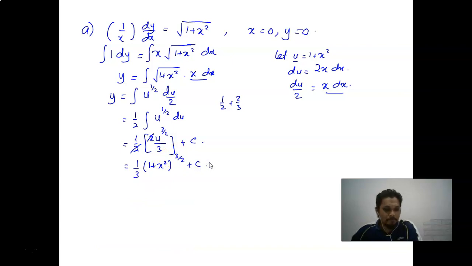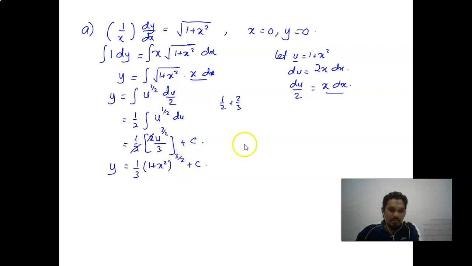Plus c. Now the substitution method part is all complete, and the integration is done: y equal to 1 over 3 times 1 plus x squared to the power of 3 over 2 plus c.